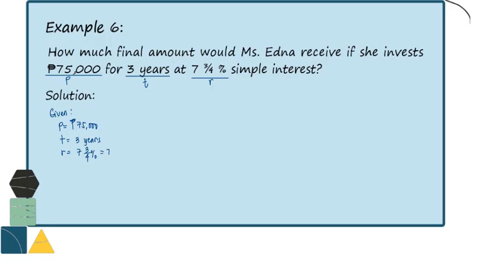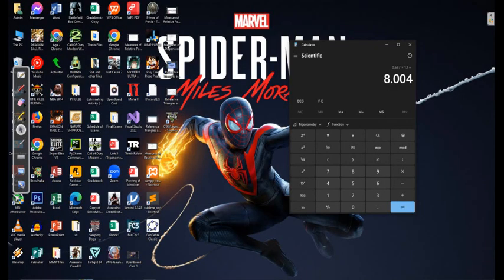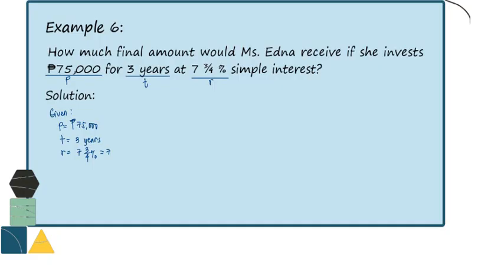So, 3 divided by 4 is how much? Yung 3 divided by 4 is 0.75. So, this is telling us that this is 7.75%. And then, if we wanna make use of this one na naka-decimal form, 7.75 divided by 100 is how much?